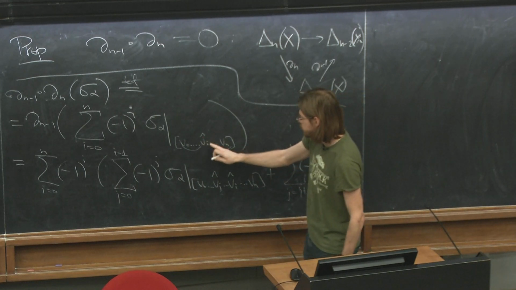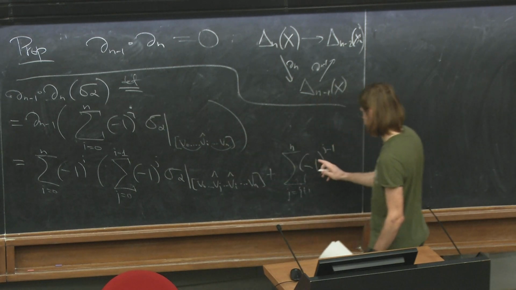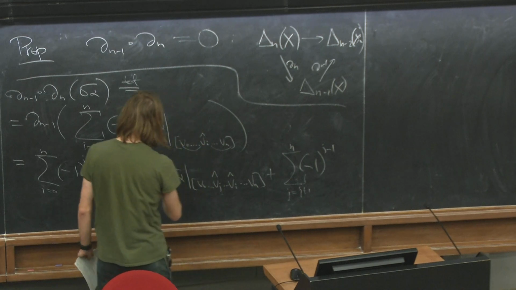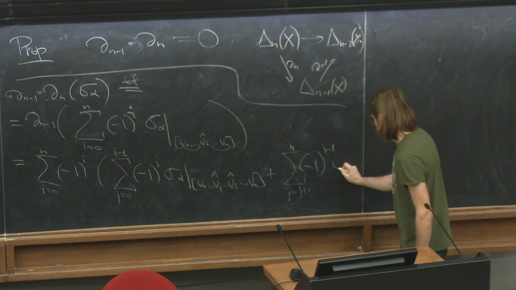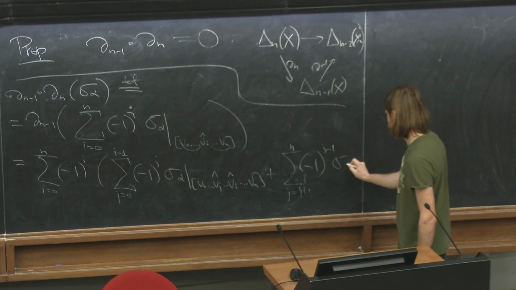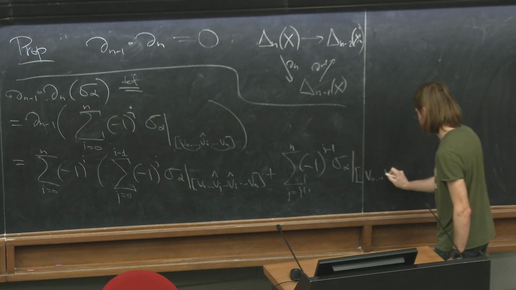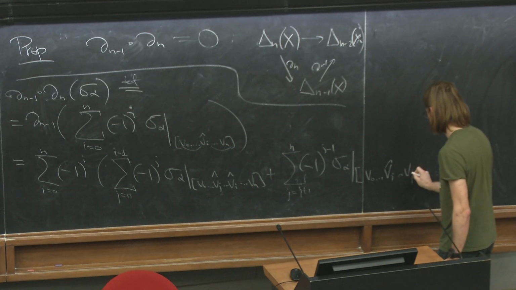This is because we already removed vertex i, so we skipped one, and the sign will not be j, but j minus 1. And then σ_α restricted to the subsimplex where we remove first v_i and then v_j.